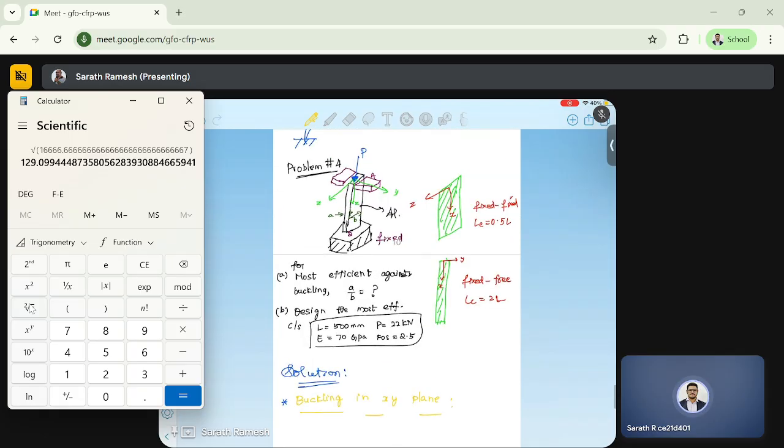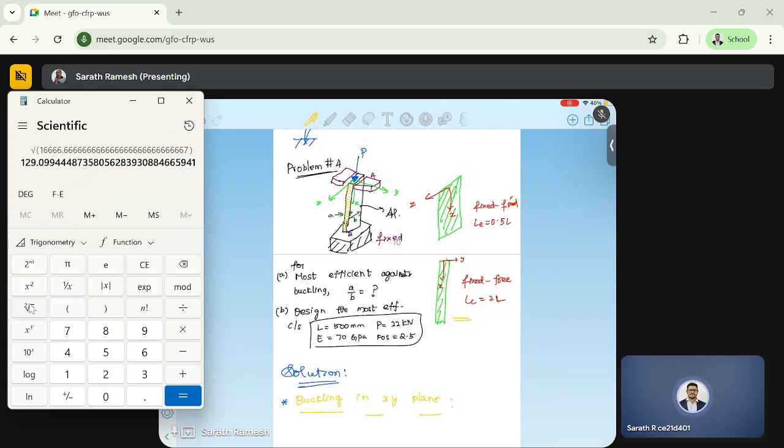Where is the XY plane? This is X and this is Y. Oh, I have swapped it here. Sorry for the mistake. Here, see, this is the picture which I have drawn. This is the XY plane, right? So this is X, this is Y. This particular plane in yellow.